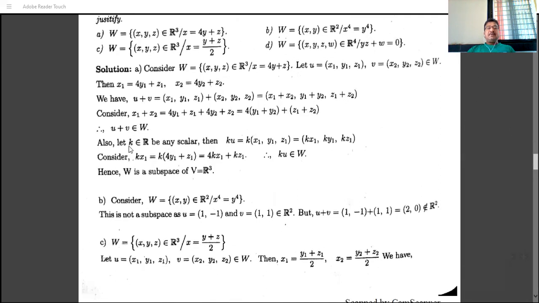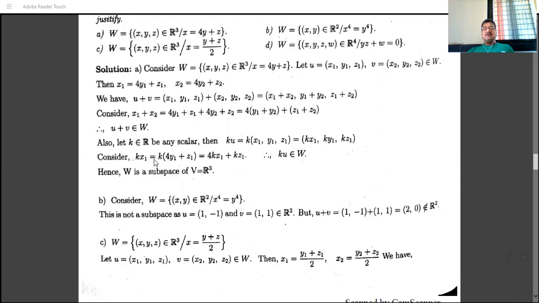Now the second property. Let k be any scalar, and then ku is what? (kx1, ky1, kz1). This is the scalar multiplication. Now we have to verify this element belongs to W. It belongs to W if kx1 is equal to 4ky1 plus kz1.